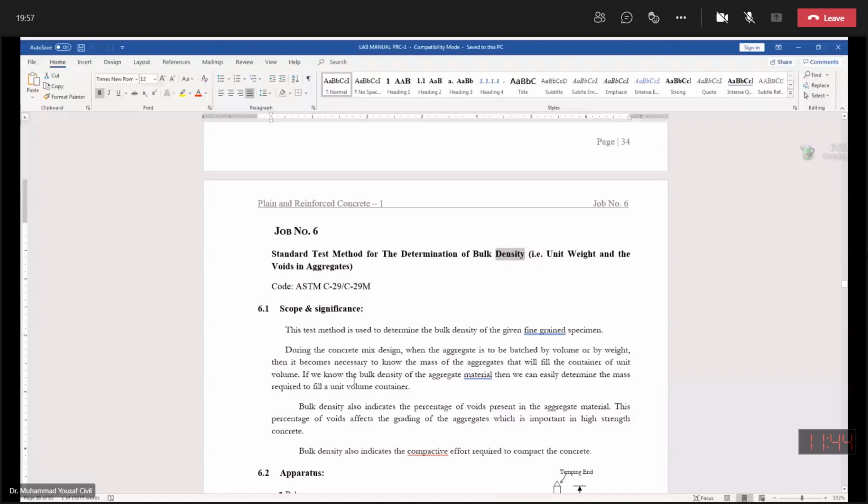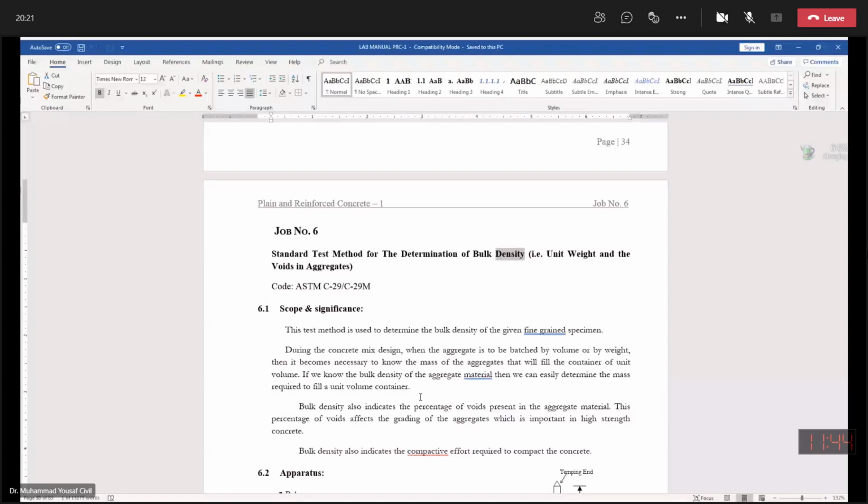You will have a container, pour the aggregate inside, and weigh it. This mass divided by the volume of the container gives you the bulk density of that material.